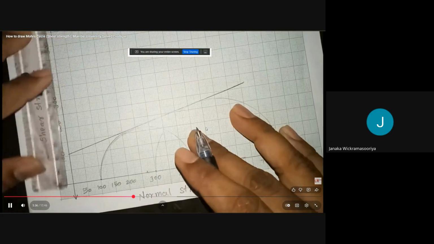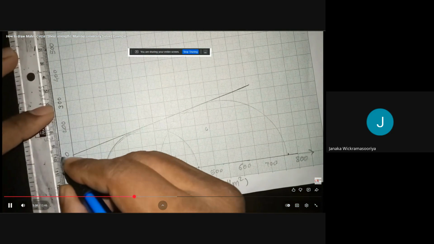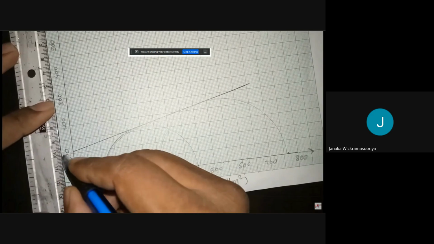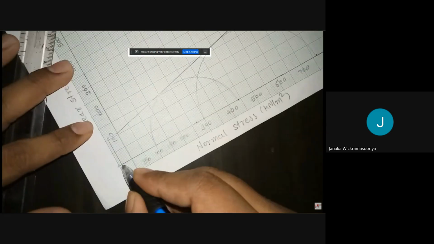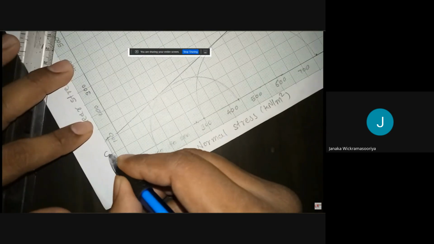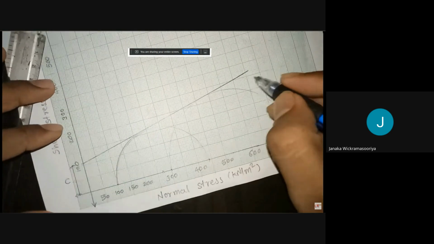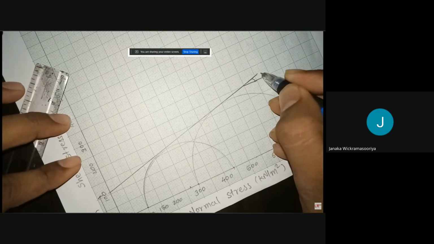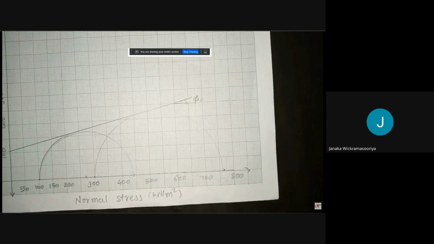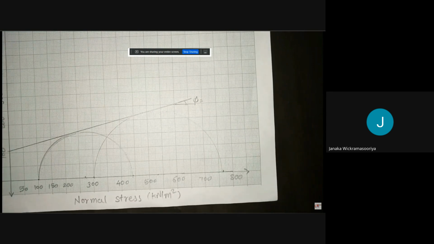So that is how you can do it. This is the cohesion. This is the value of cohesion. This is called C. And this is the angle phi. I have to measure this angle phi. Now we will measure what is the phi and what is the C.